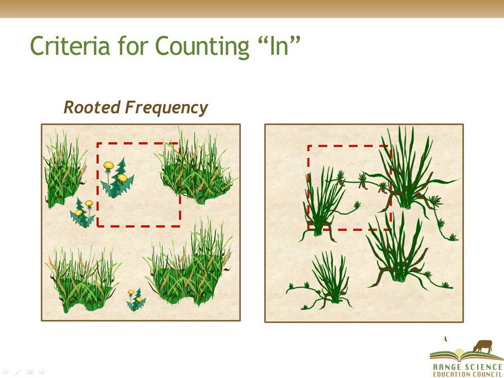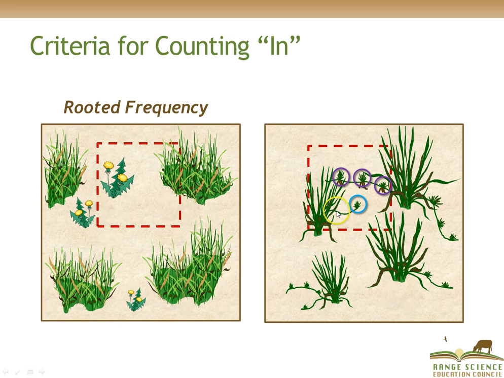Now, sometimes we can have stoloniferous plants where the main plant is rooted outside of the quadrat. But it can have ramets on the stolons, and if those ramets are rooted in the plot, they would count.